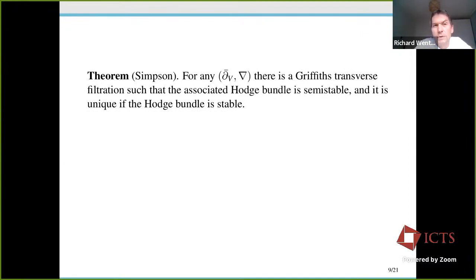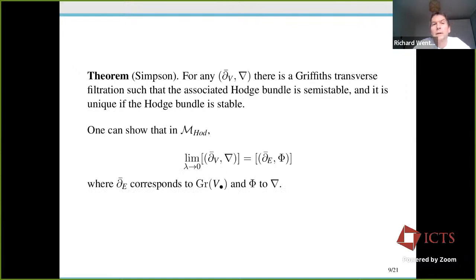So this gives you a stratification of the de Rham moduli space, but in particular the Hodge moduli space. He proves that every point in the Hodge moduli space has a limit, and of course this limit has to live in the fiber over 0, and indeed it's a Hodge bundle.